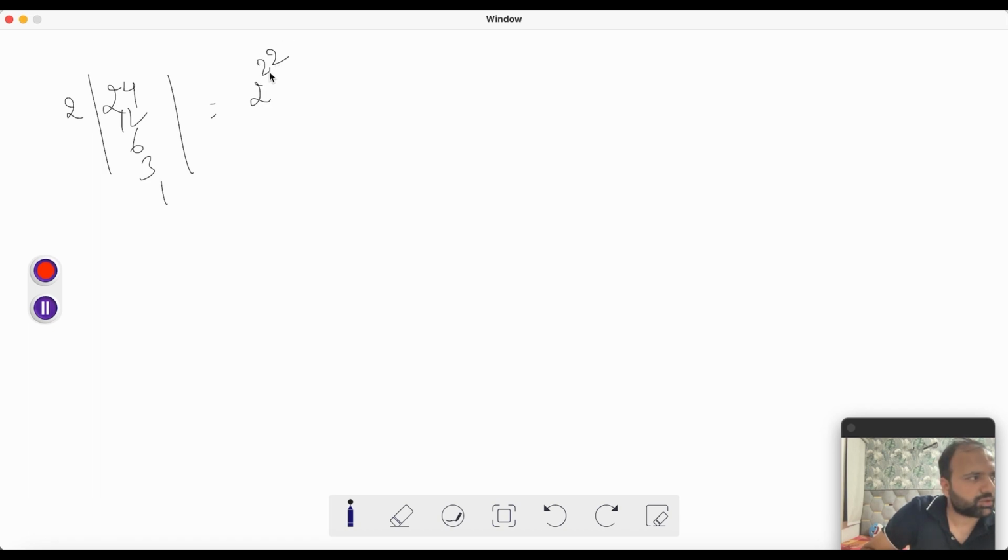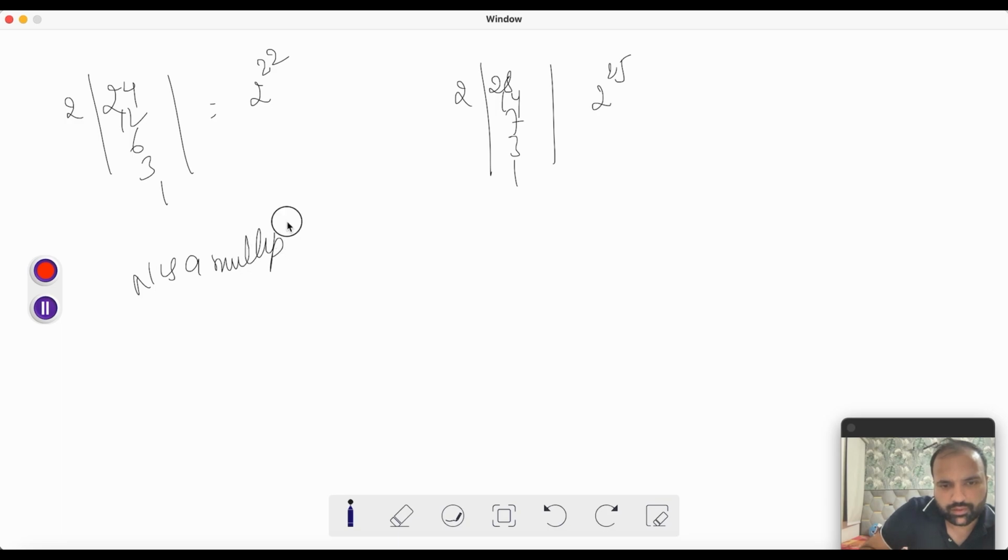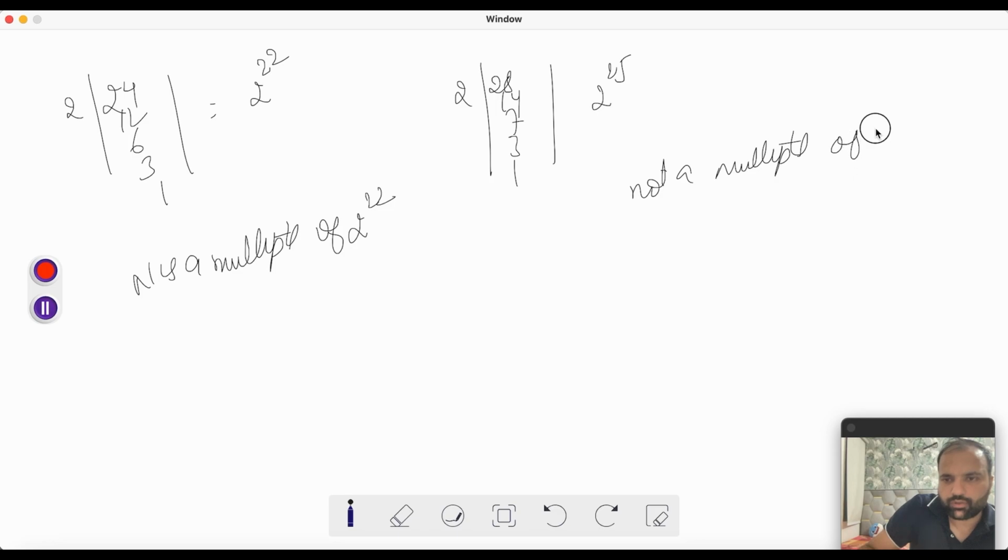What was the question? 2 to the power 20, I believe, and the other was 2 to the power 25. 28 factorial, 14, 7, 3, 1 is 2 to the power 25. So what is the question? n is a multiple of 2 to the power 20, but not a multiple of 2 to the power 25.